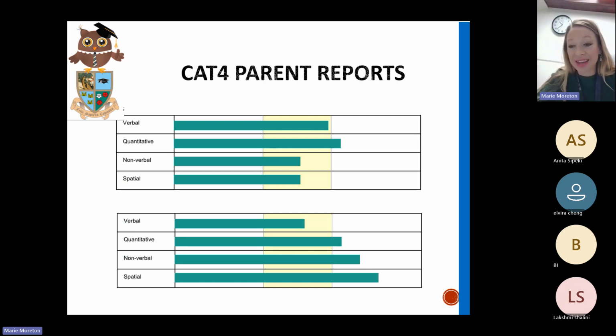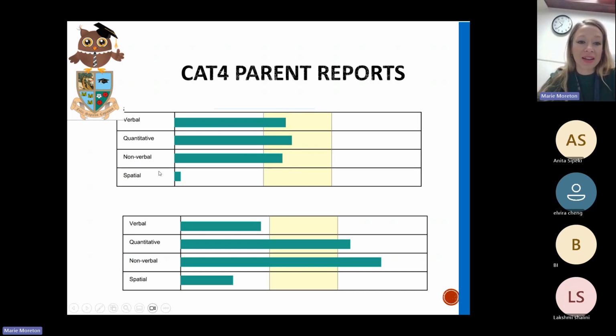They might be able to just instantly see a solution to a problem, and they may be able to see the bigger picture. So they probably would be able to talk about it, their average verbal ability, but they will probably demonstrate a stronger spatial ability based on this profile.